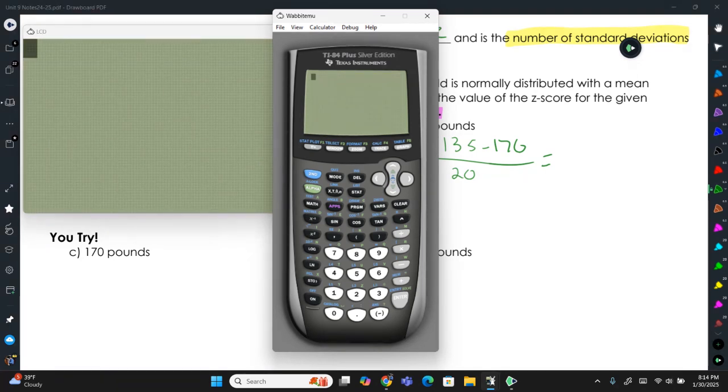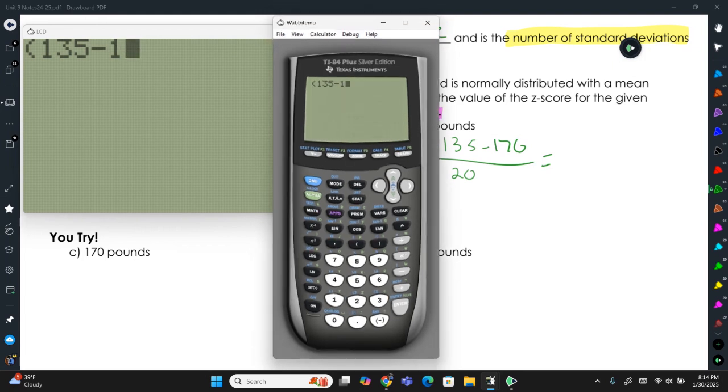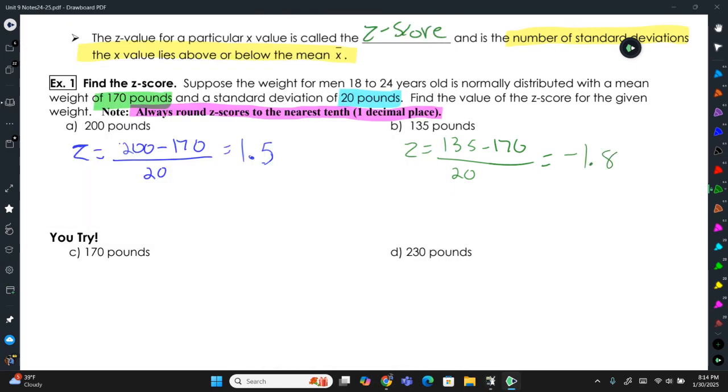All right, so we're going to type this into our calculator, parentheses 135 minus 170 divided by 20, and that gives us negative 1.75, but we're going to round to the 10th, so negative 1.8. So 135 pounds is 1.8 standard deviations smaller than the mean.